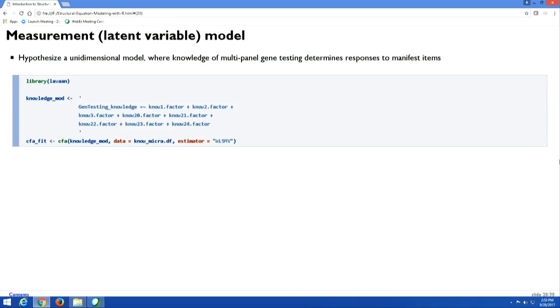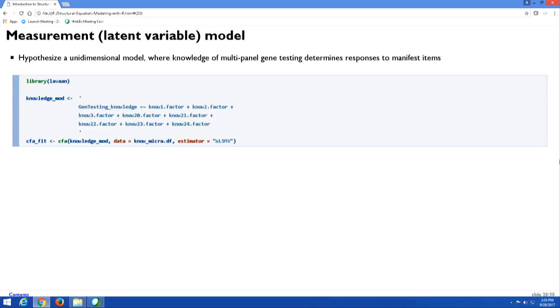Okay, now we're going to switch to a factor analysis, or a confirmatory factor analysis, or a measurement model as I'm calling it here. And this is a real study, and I'm going to show you some more diagnostics here. So again, I'm telling R to load the lavaan package, and I'm writing out the model.